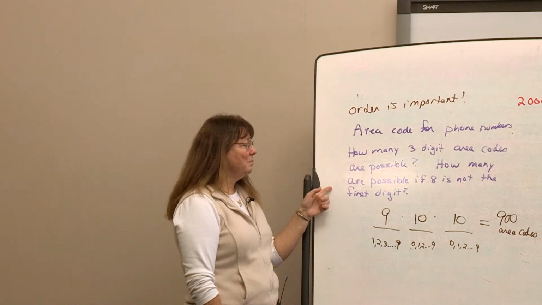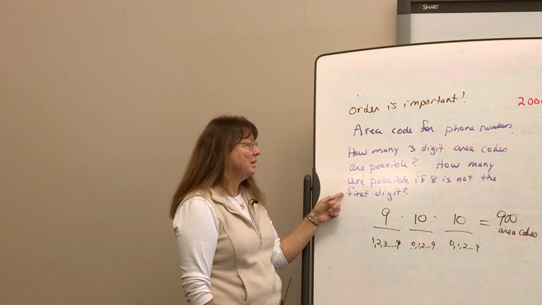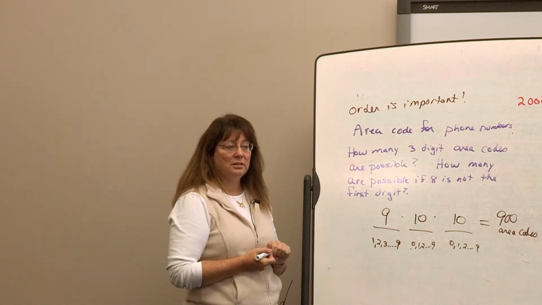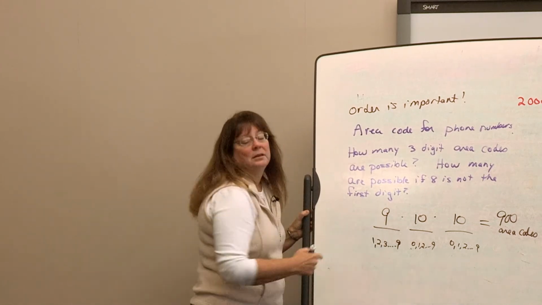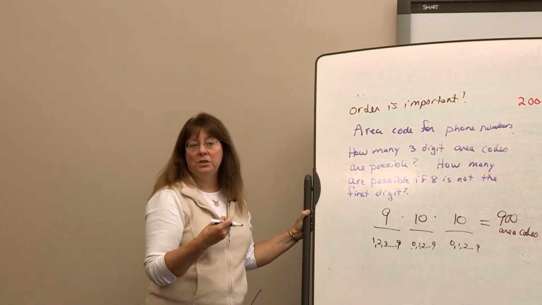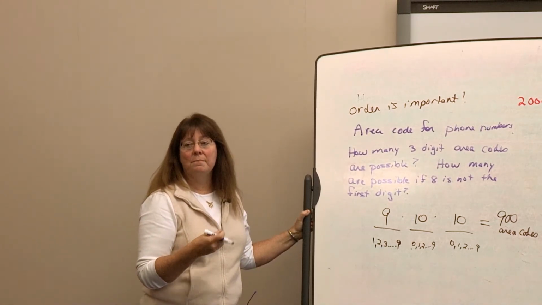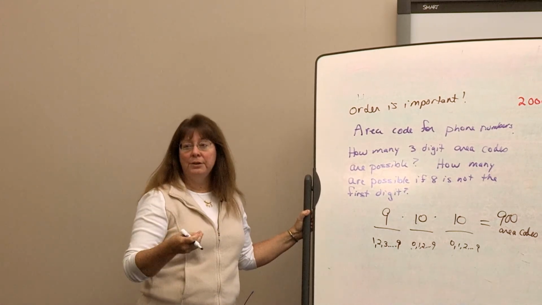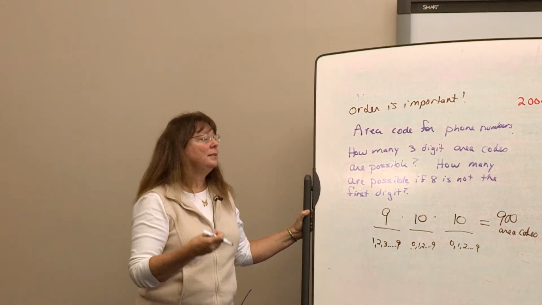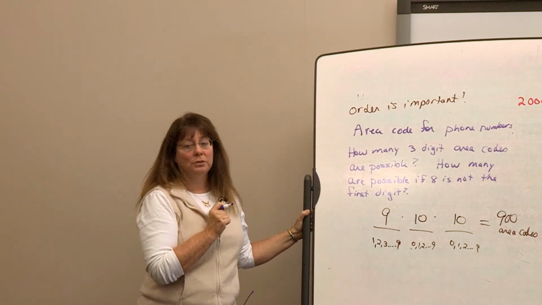Now, the second part of this question, though, goes, how many are possible if 8 is not in the first digit? So if I eliminate 8, because they're saving those, they might want to use them for toll-free numbers, 1-800 is free, now 866s are free. They're keeping those 8s kind of special.